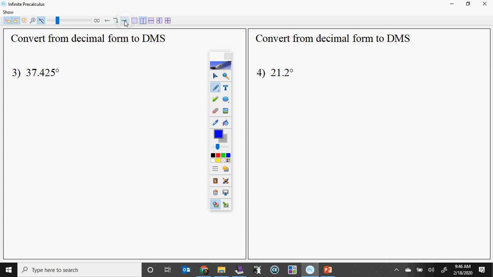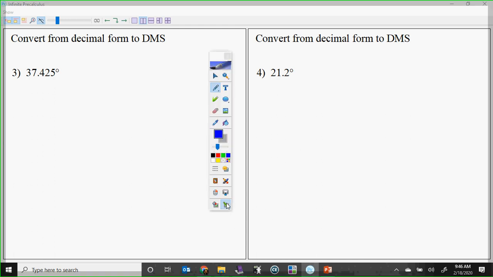Alright, well, what if I have the decimal degree but want to go in degrees, minutes, seconds form? So let's see how we do that. Well, I know I'm going to have 37 degrees, something minutes, and then probably something seconds. I know 37 degrees because there it is right there. So I'm just trying to get rid of the decimal. So I'm going to take my decimal, which is 0.425.